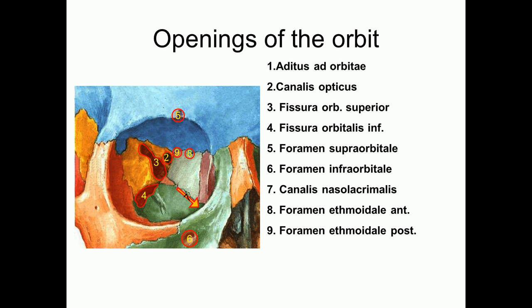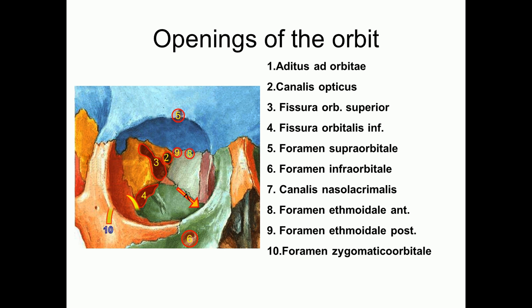Both these foramina are located in the medial wall of the orbit. Foramen ethmoidale anterius and posterius lead to the cellulae ethmoidales, and after these into the nasal cavity.